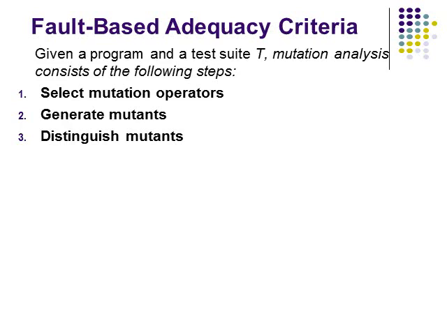First we will see select mutation operators. If you are interested in specific classes of faults, we may select a set of mutation operators relevant to those faults. Second one, generate mutants. Mutants are generated mechanically by applying mutation operators to the original program. The third, distinguish mutants: execute the original program and each generated mutant with a test case in T. A mutant is killed when it can be distinguished from the original program.